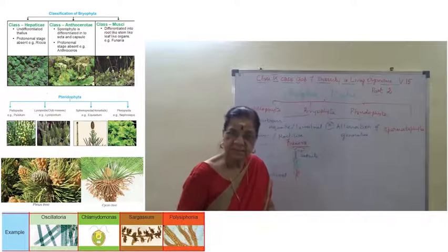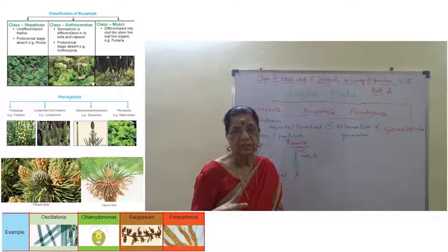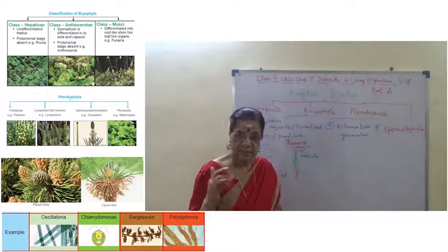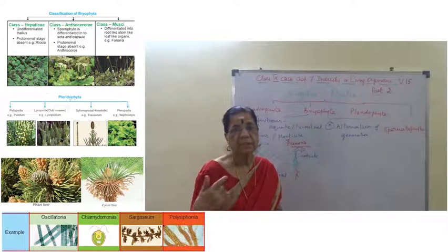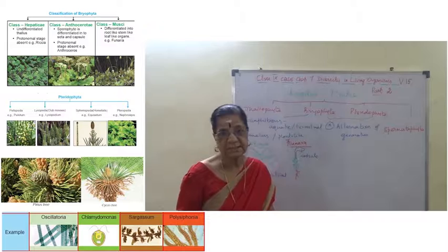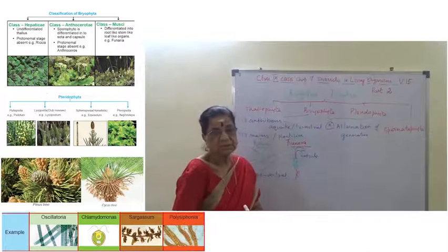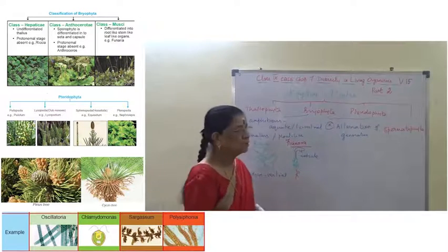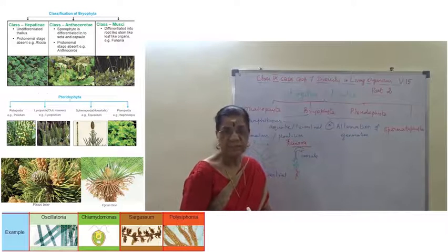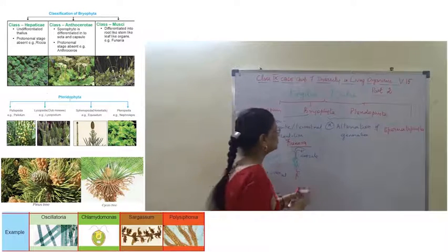Generation is the occurrence of plant in one period of time and then it changes to the next. So these three divisions show alternation of generation, where we come across two terms.